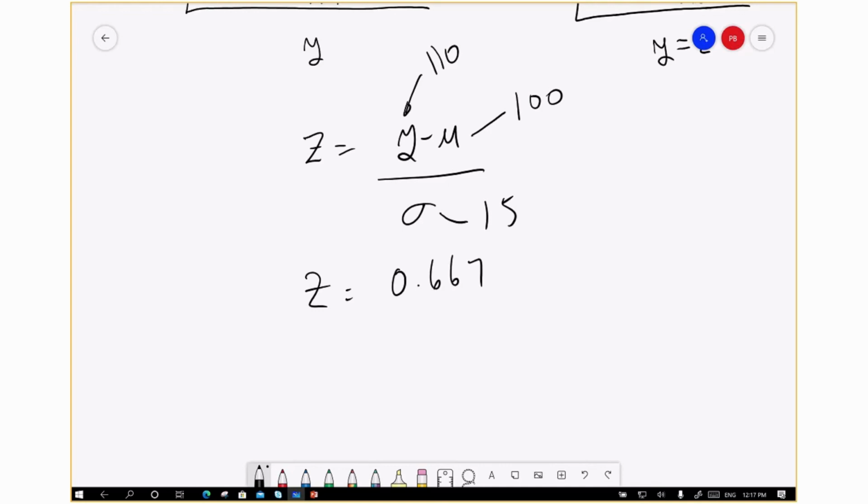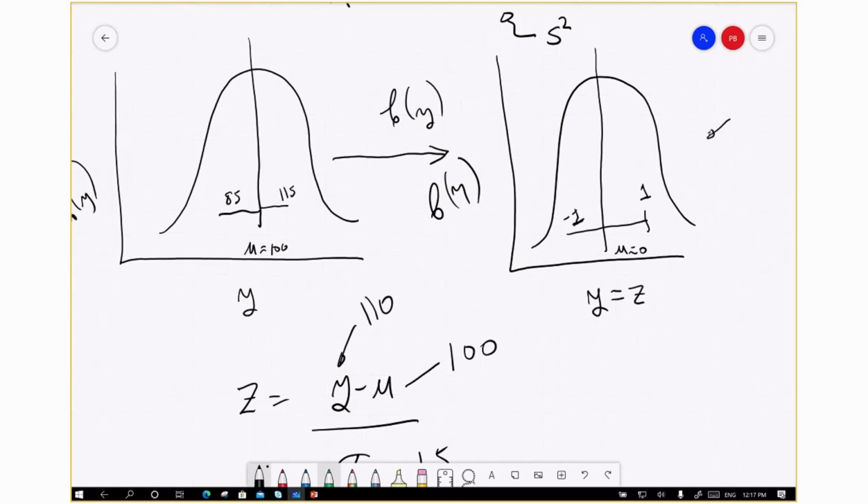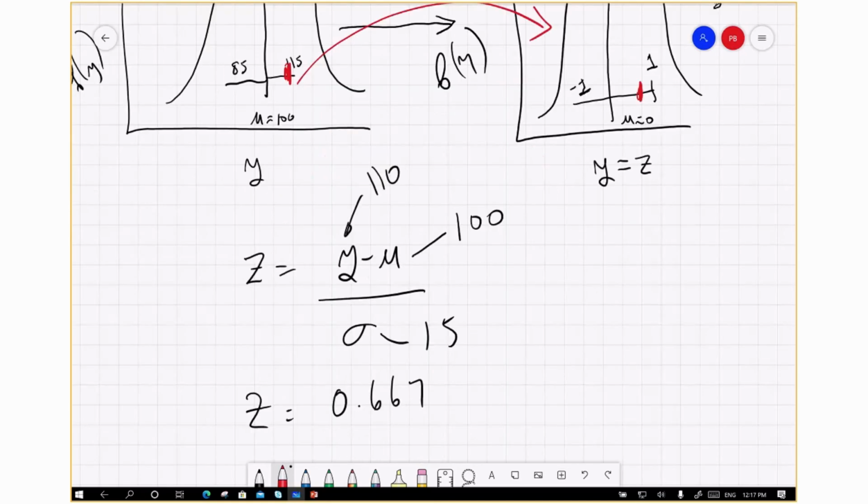So whereas on our run-of-the-mill normal distribution, there would be our value here of 110, the 0.667, when we've made that transformation to a standard normal, would be shown there.